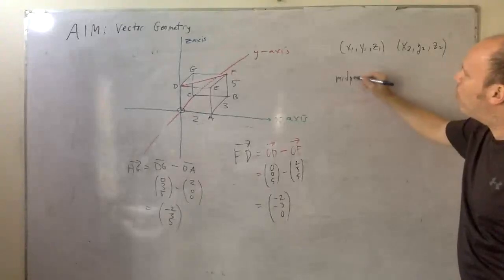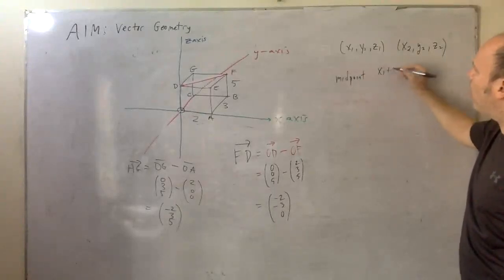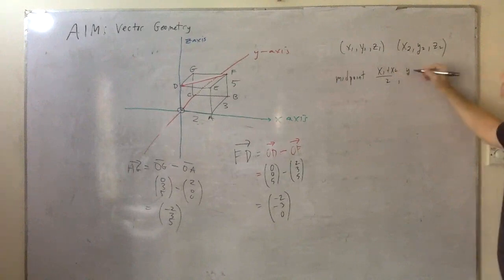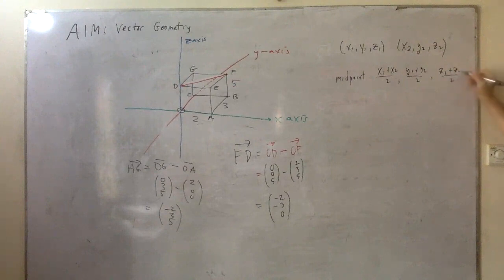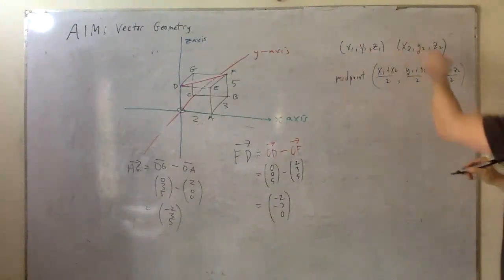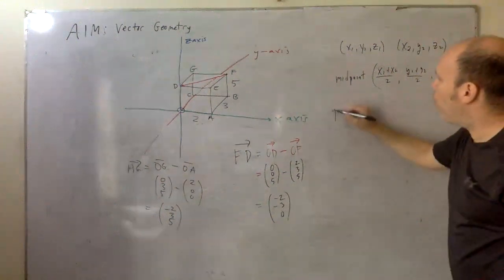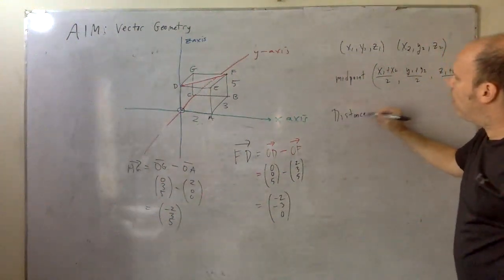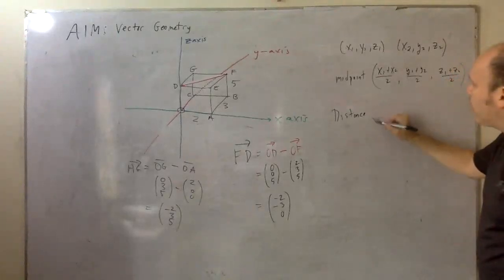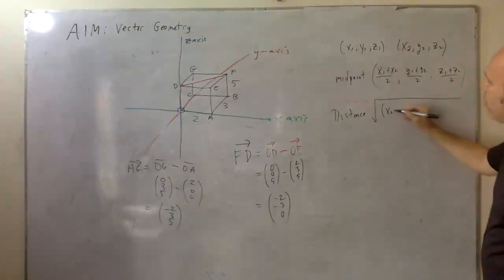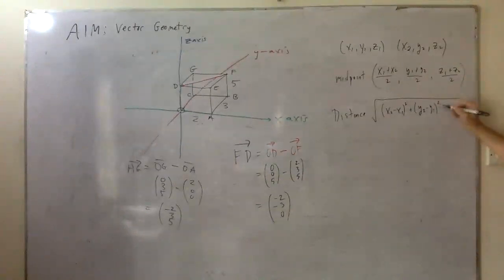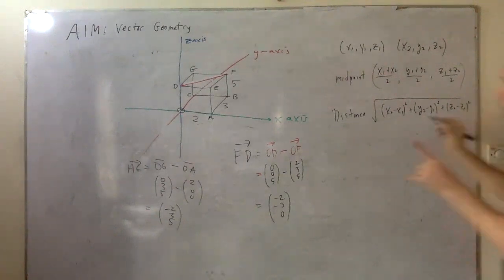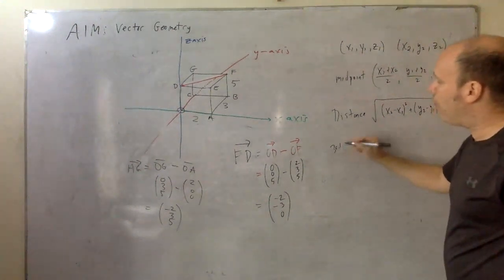First of all, the midpoint is x1 plus x2 over 2, y1 plus y2 over 2, z1 plus z2 over 2. This is the midpoint of these 2 points. The last thing is, what's the distance? It's the square root of the change in x's squared plus the change in y's squared plus the change in z's squared.